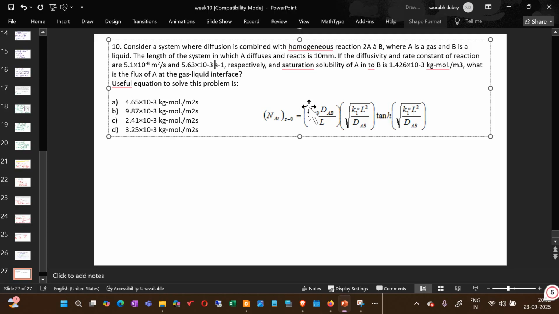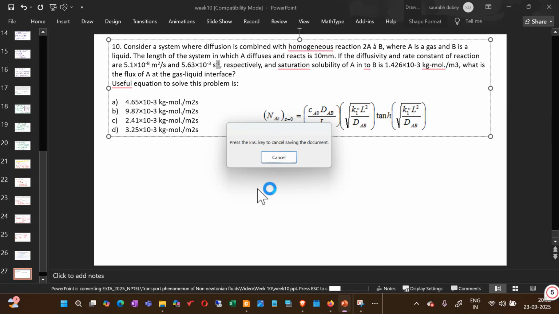Let's fix some typos. Consider a system where diffusion is combined with the homogeneous reaction 2A gives B. I will just be fixing it. So 2A, let me just save it.